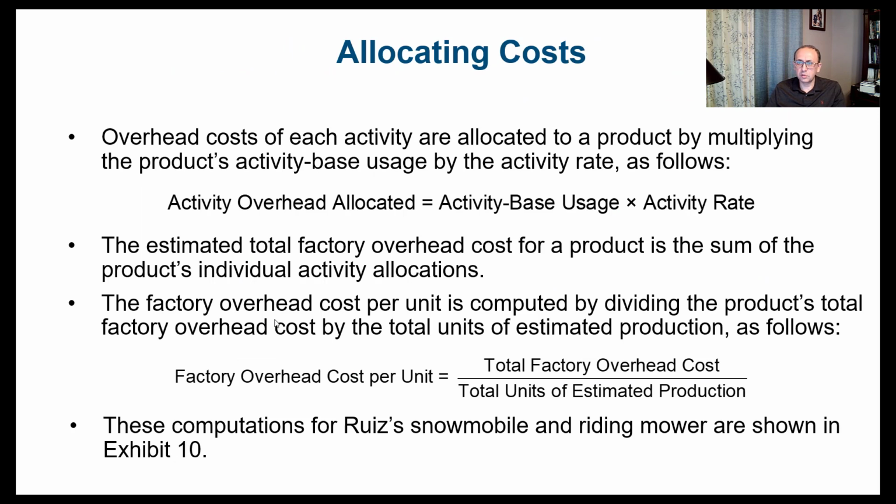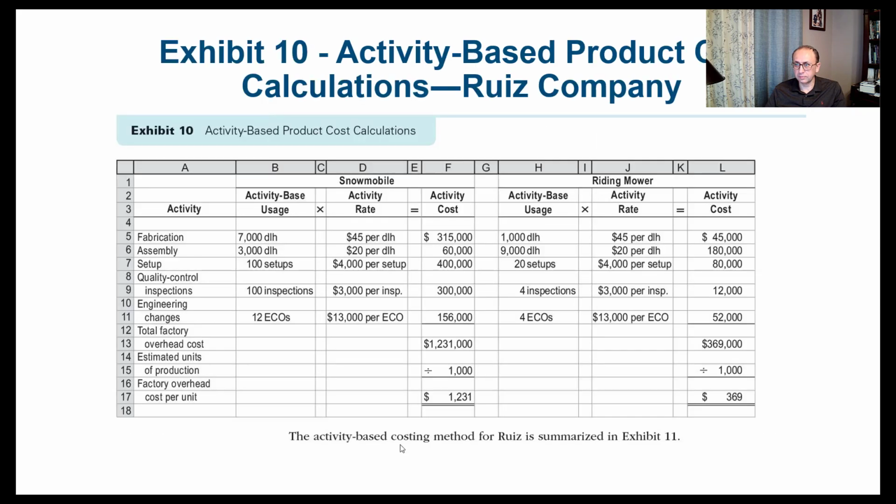The estimated total factory overhead cost for a product is the sum of the product's individual activity allocations. The factory overhead cost per unit is computed by dividing the product's total factory overhead cost by the total units of estimated production. And in the next slide, we're going to see these computations.